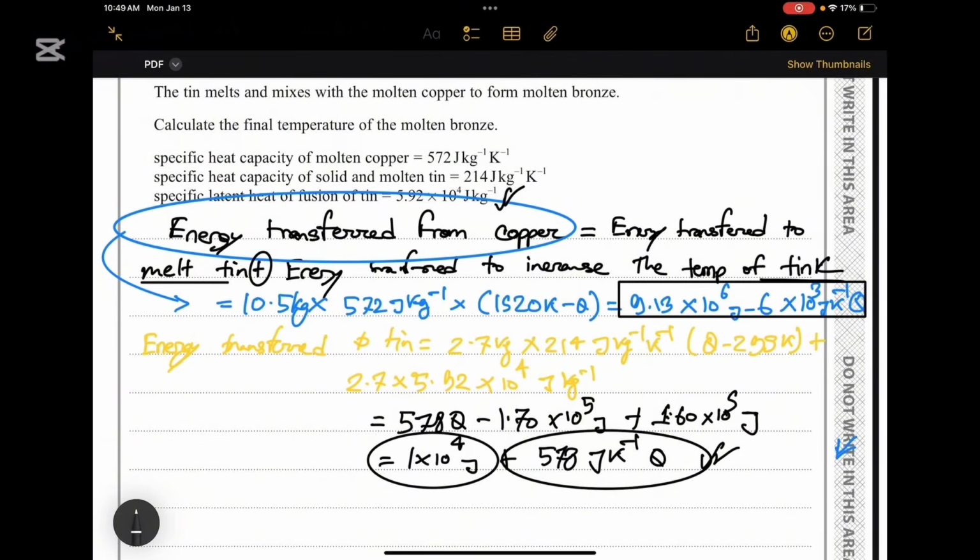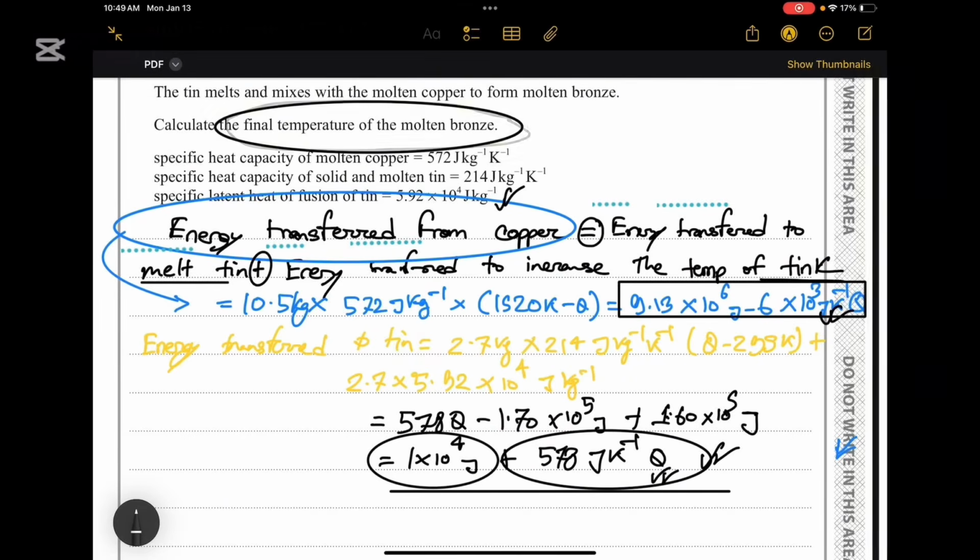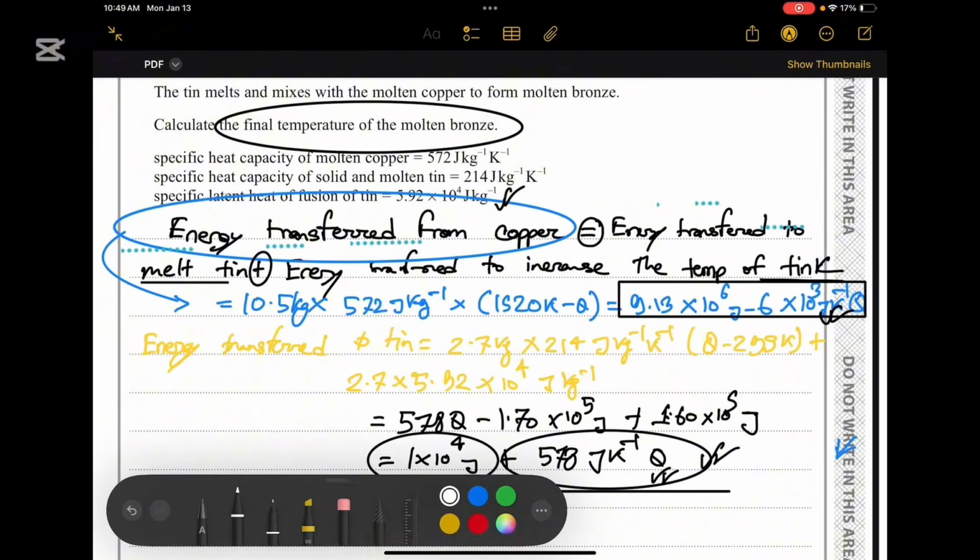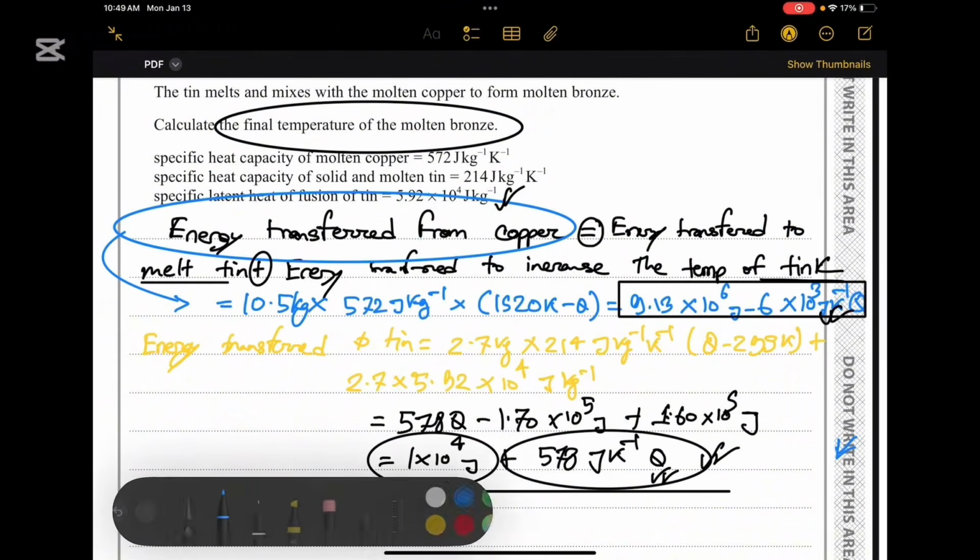So these are the two values that we have got. We know they are equal, right? So we can write this value equals these two values, and then we can figure out the value of theta, which was the main question.